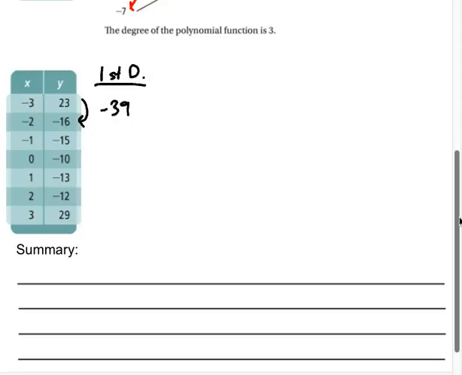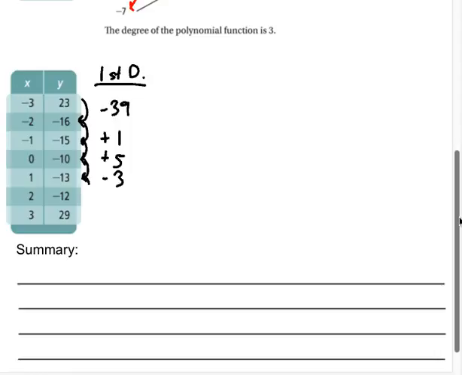Now look at this. Now we're going from negative 16 up to negative 15. So there we actually added 1 to do that. Negative 15 up to negative 10, for that we added 5. But now we're turning around and going back down to negative 13.